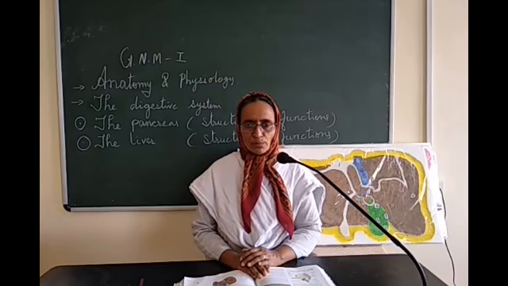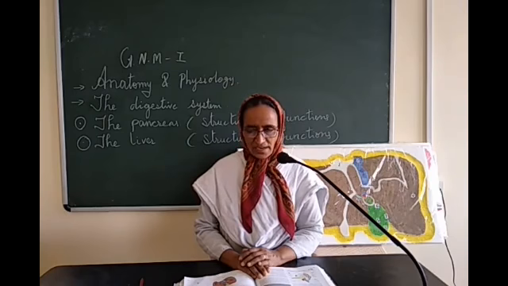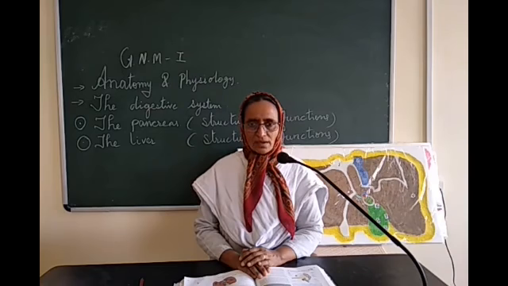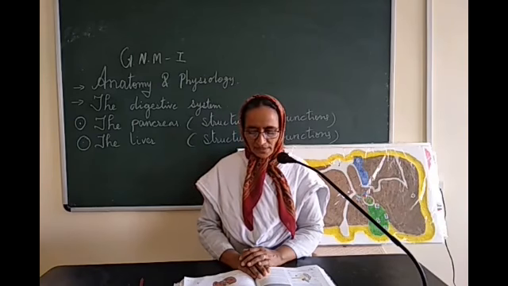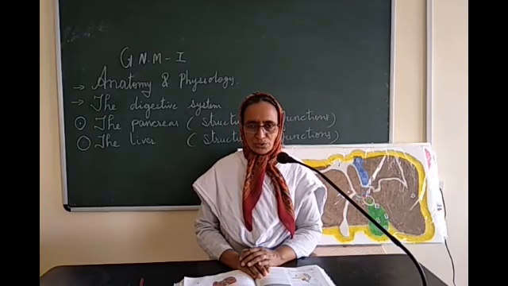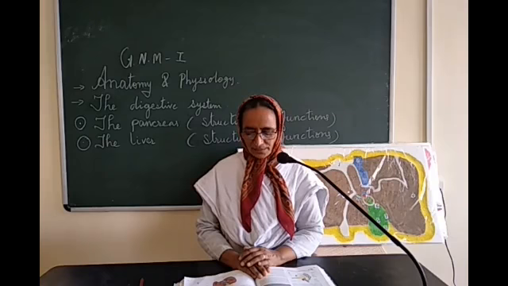The first is the portal vein. Portal vein enters carrying the blood from the stomach, pancreas, spleen, small and large intestine. The hepatic artery enters carrying the arterial blood supply to the liver, which is the branch of the celiac artery.